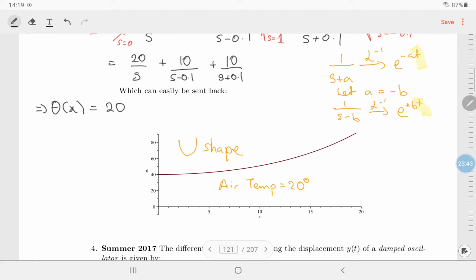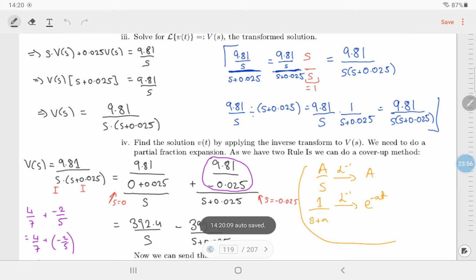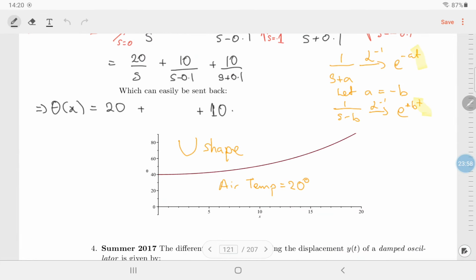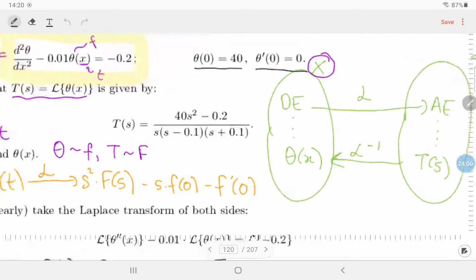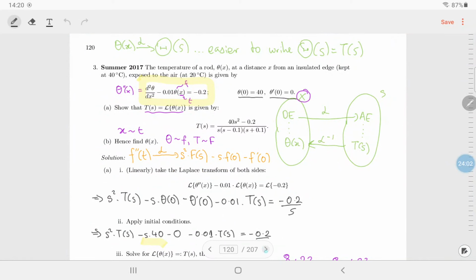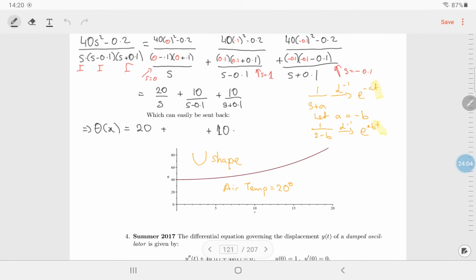Now, the last term is easy. So you can fix the 10, and 1 over s plus something goes back to negative exponential. Now, the only difference here is you're not going back to t, you're going back to x. So it won't be going back to e to the minus 0.1 t, but minus 0.1 x.